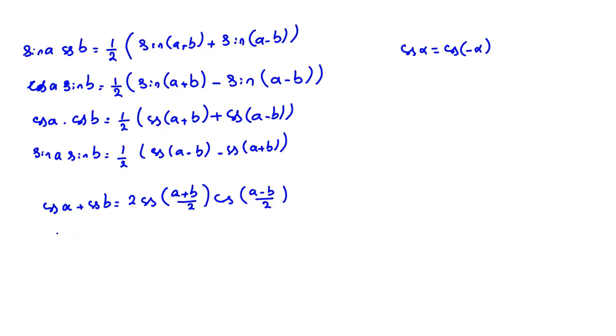But for sine, it is the negative of that. Now, if you want to calculate sine A plus sine B, then it will be 2 cos A minus B over 2 times sine A plus B over 2.